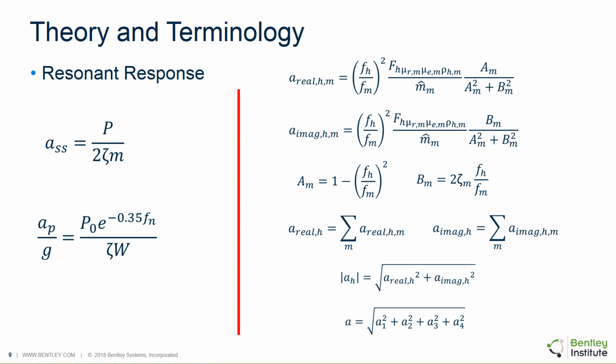Those of you here in the US that may be using Steel Design Guide 11 or ATC Design Guide 1 might recognize the equation in the lower left, which is an acceleration over gravity ratio. And actually this equation is derived from the steady state equation on top, and it makes some assumptions. It assumes that the mass is equivalent to half of the mass in the structure.